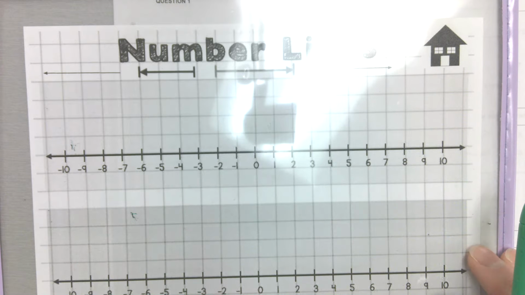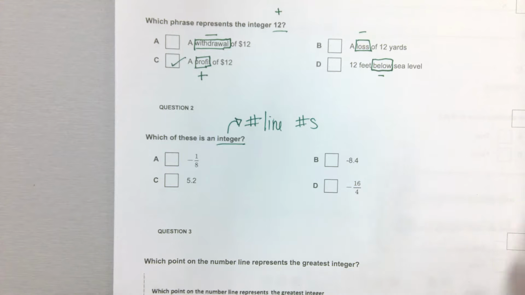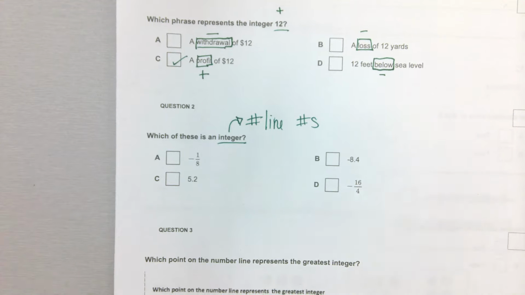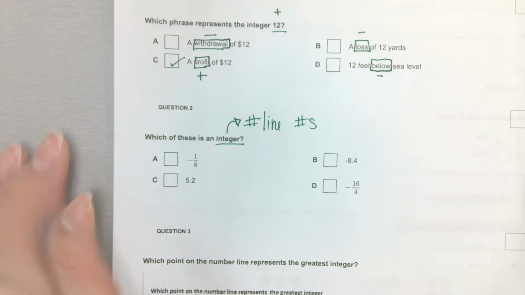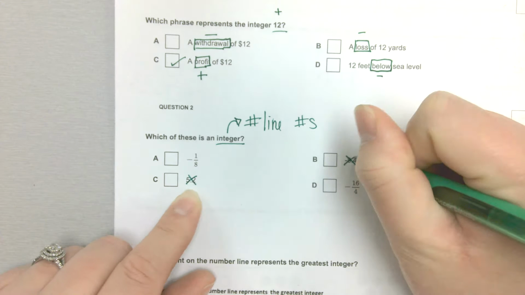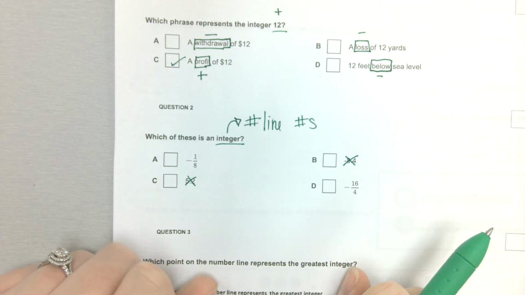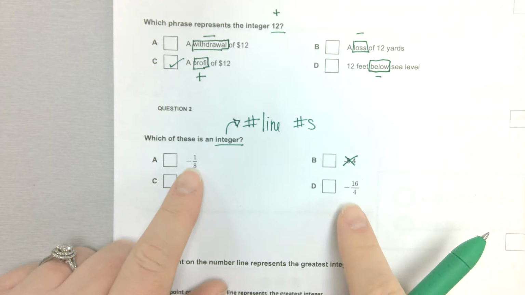So we need to make sure that we're not choosing anything that has a decimal, but we have to check our fractions. So first off, let's get rid of any decimals we have. 5.2 and negative 8.4. Because those are non-zero numbers after the decimal, they are not integers.